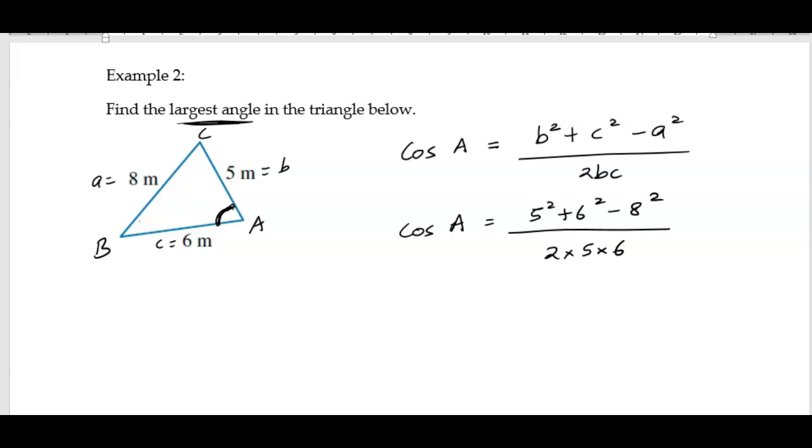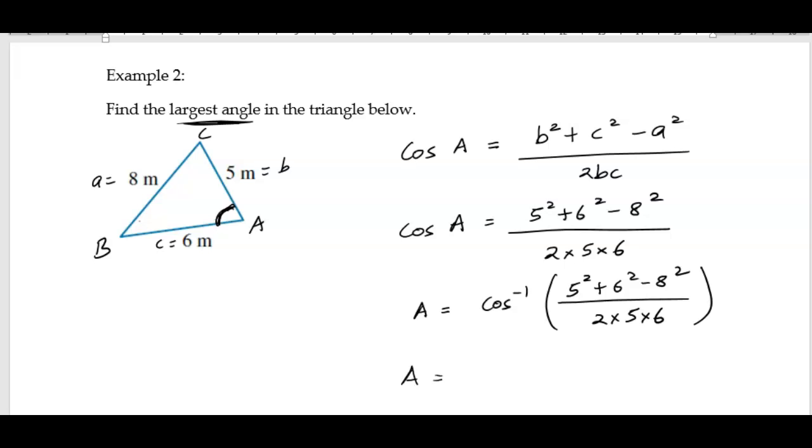Now, like we did with the sine ratio, as well as when we dealt with right angle triangles, the only way we can find missing angles is by doing the inverse function in the calculator. So the cos inverse of the answer that we're going to get from this step. What I suggest is to do it all in one calculation in your calculator, thereby avoiding any rounding errors.